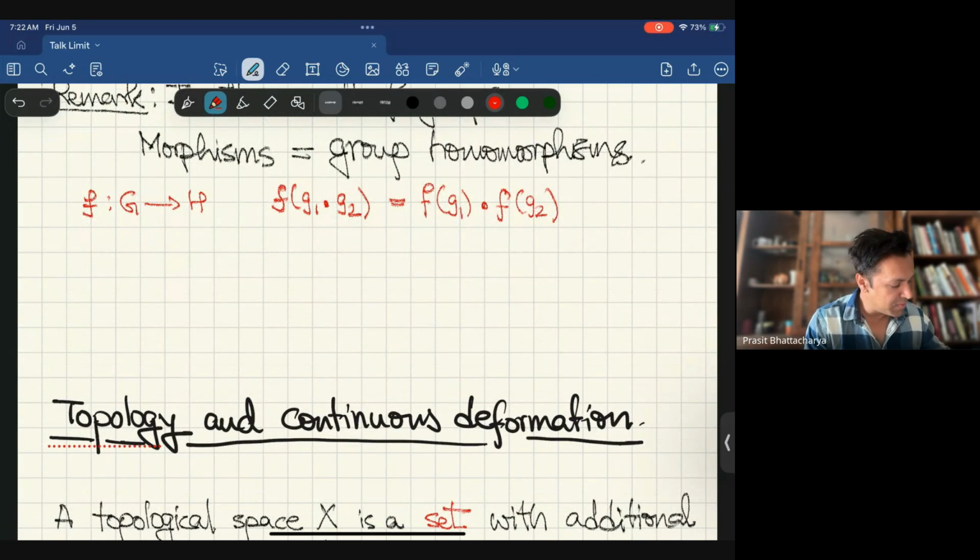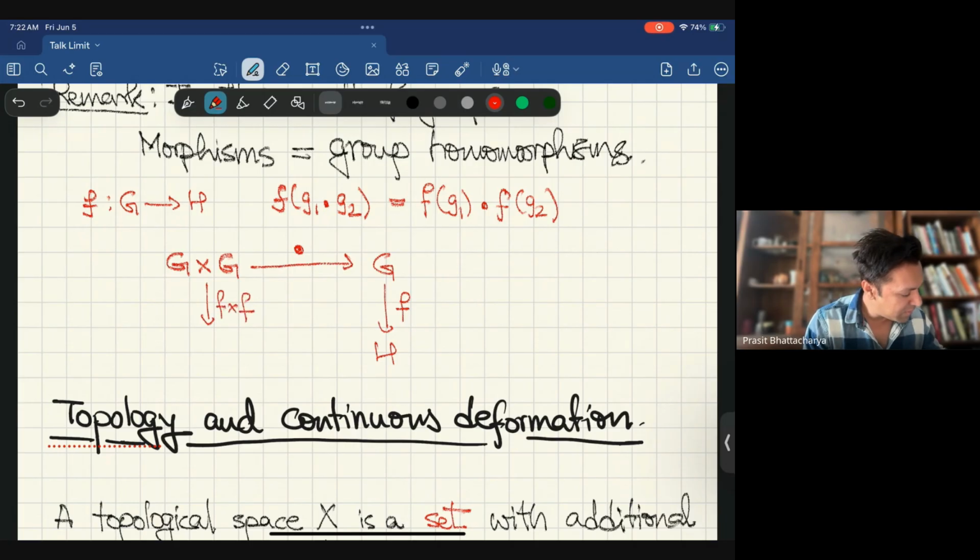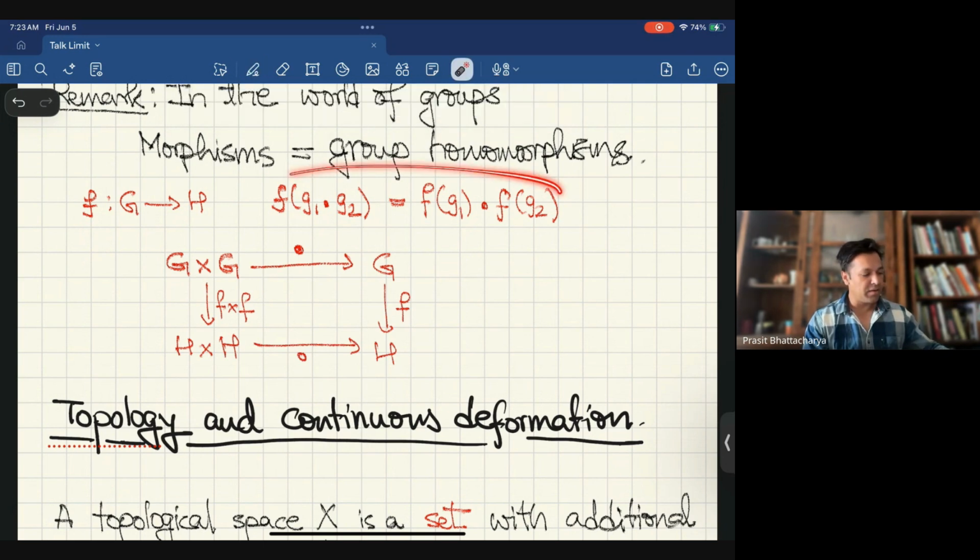So a morphism F is a set map which satisfies, so of course there is G, there is a map F to H, but then there is this multiplication. And here I can apply F cross F to H cross H. And then I multiply in H, and this diagram must commute. And this is precisely recording this equation.